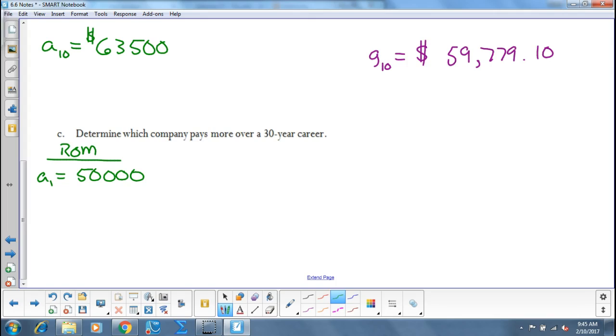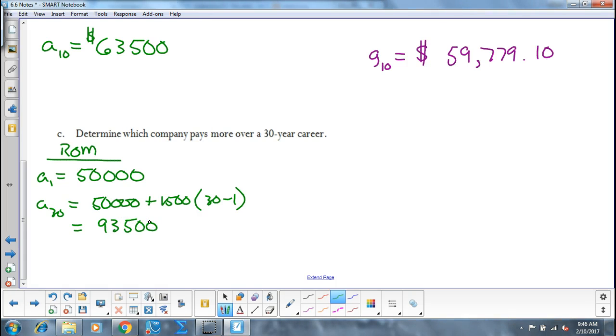It had a 30th year value of 50,000 plus 1,500 times 30 minus 1. Okay. So then that's going to be $93,500 for their 30th year, and it had an n, a total of 30 years.